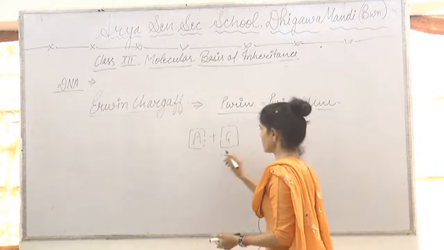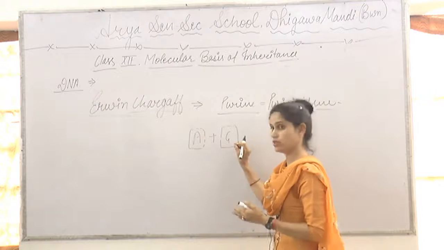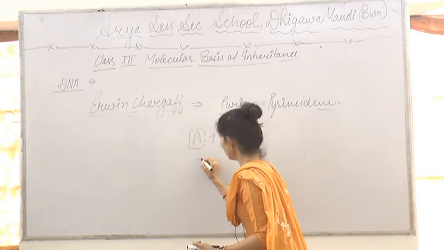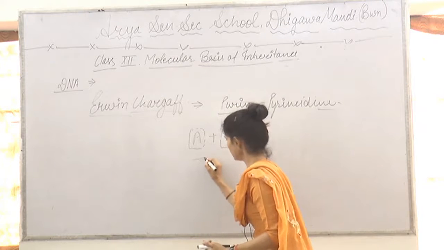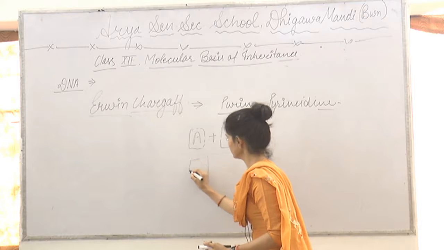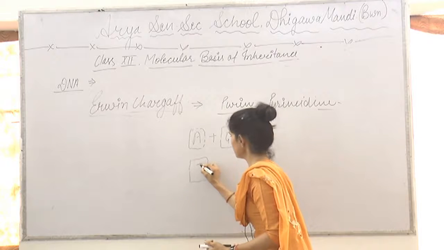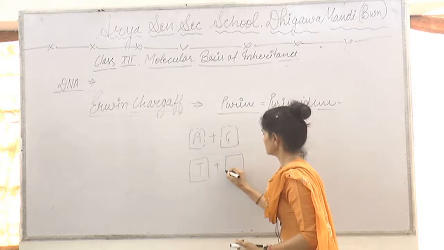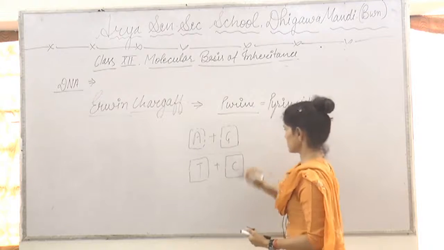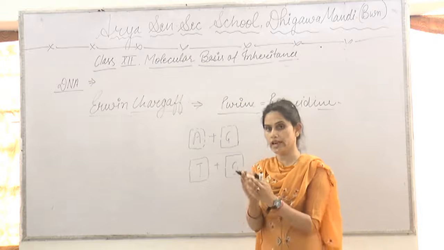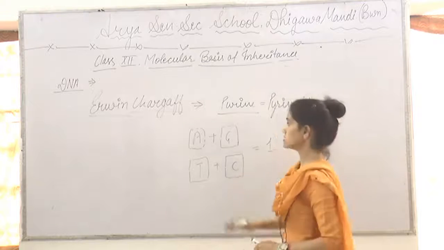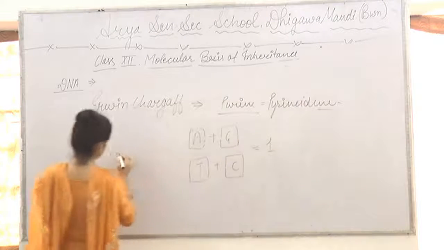Both of these, adenine and guanine, are purines. And these always pair with thymine, this is thymine, plus this is cytosine. The ratio of purine and pyrimidine is always 1. This is Chargaff's rule.